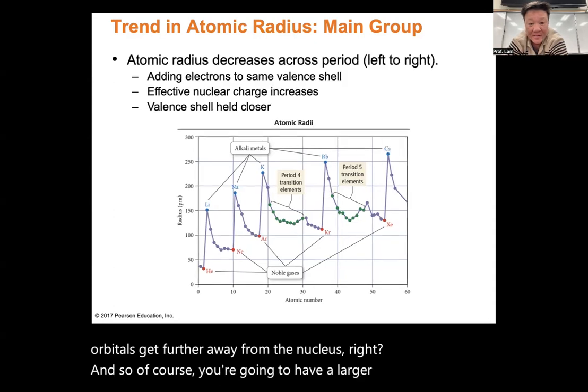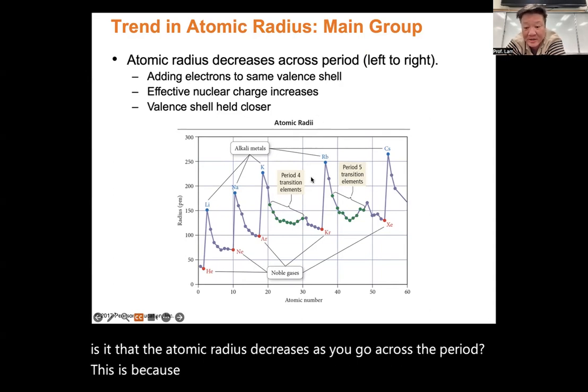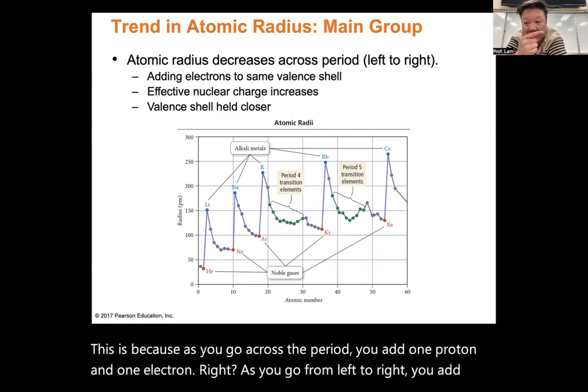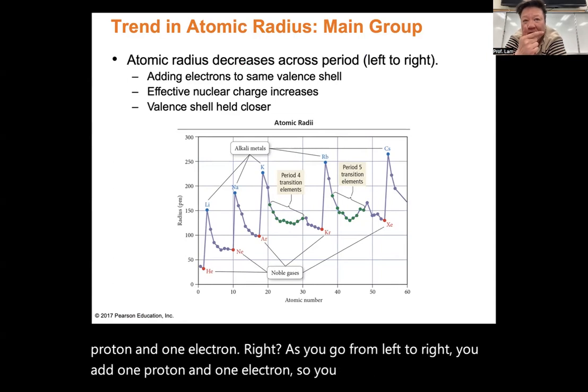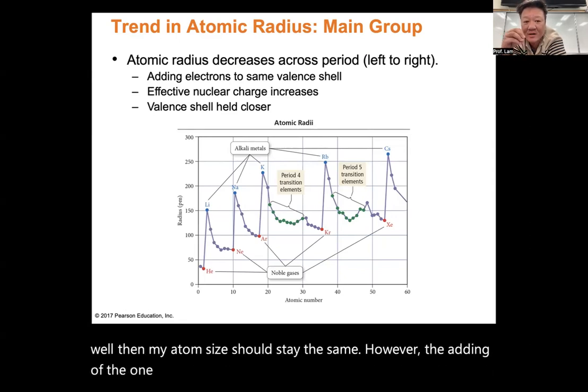Now, why is it that the atomic radius decreases as you go across the period? This is because as you go across the period, you add 1 proton and 1 electron, right? As you go from left to right, you add 1 proton and 1 electron. So you would think, oh wait, then my atom size should stay the same. However, adding the 1 proton is more important than adding the 1 electron.